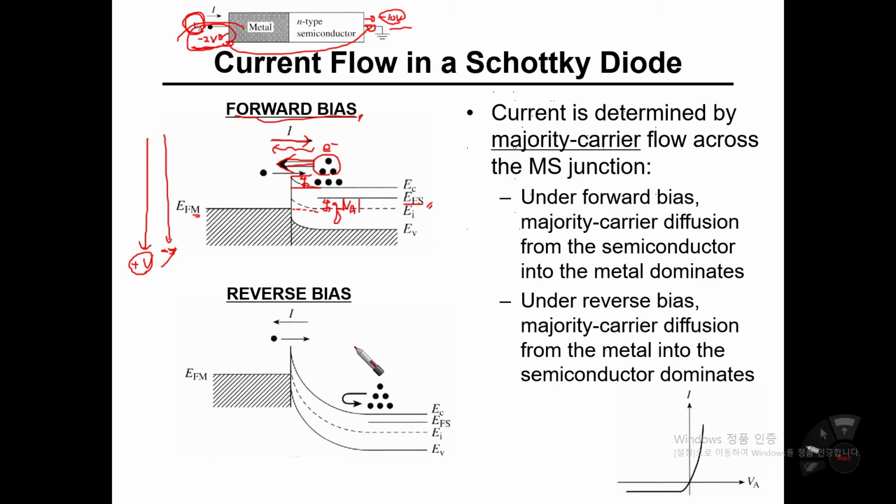Now what about the reverse bias? Reverse bias means a lower voltage has been applied onto the metal side. This amount of negative voltage has been applied onto the metal side, if the semiconductor is grounded. Then, from the perspective of those electrons in the conduction band on the semiconductor part, they see a very increased energy barrier height.